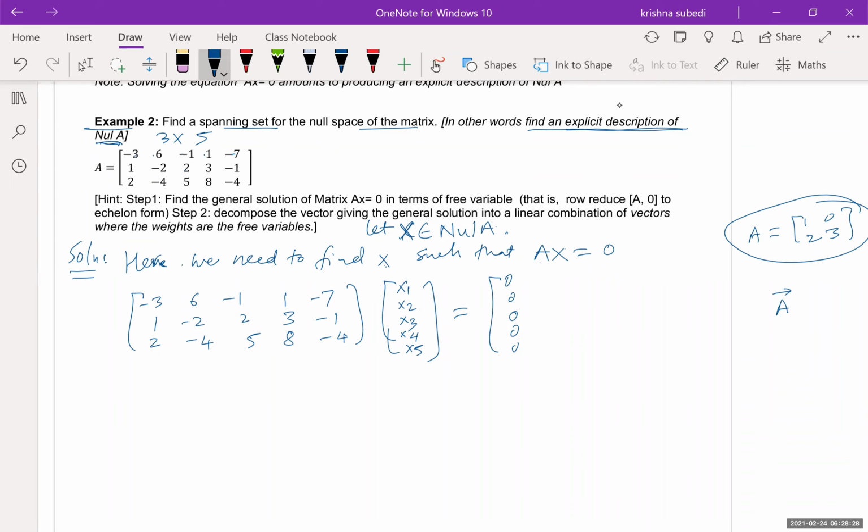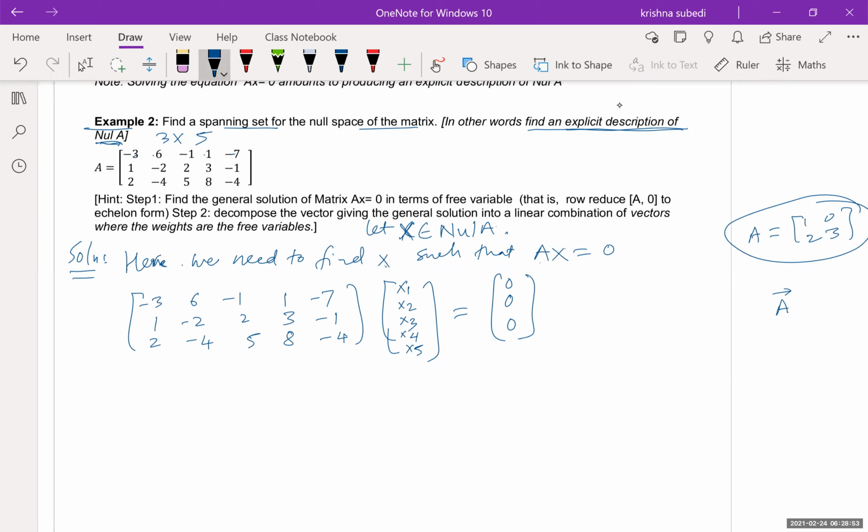Now, what will this product be? This is 3 by 5 times 5 by 1, so the result is 3 by 1: 0, 0, 0. Now we need to find these values.